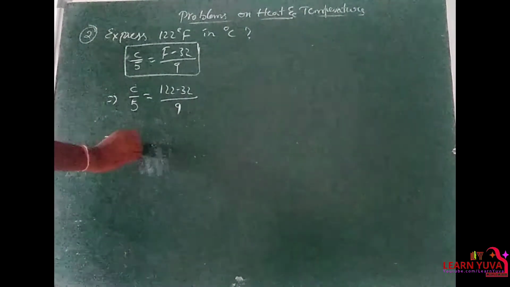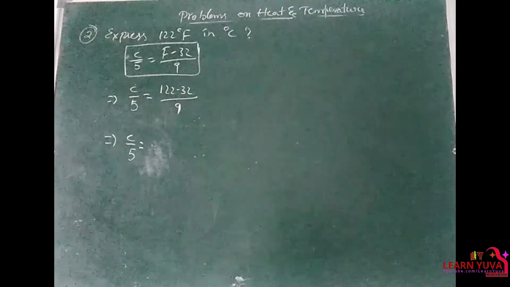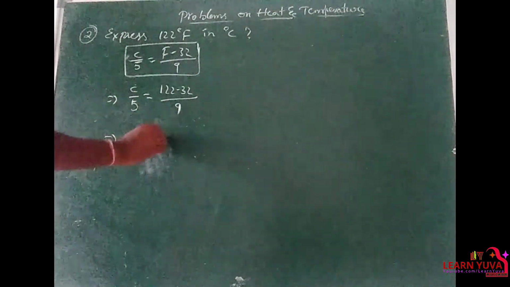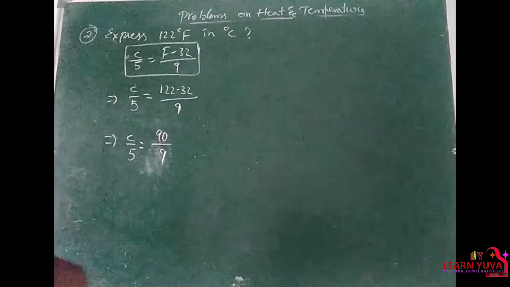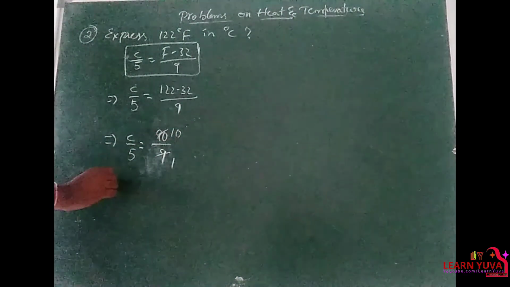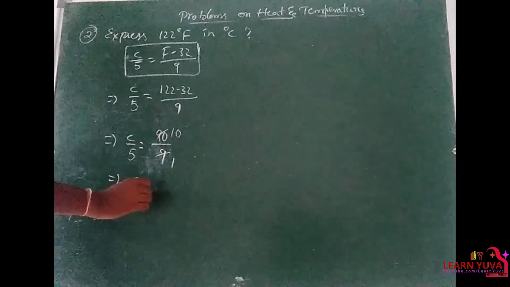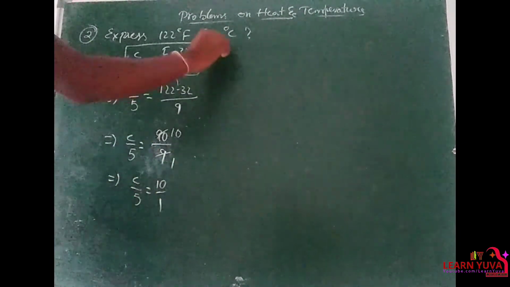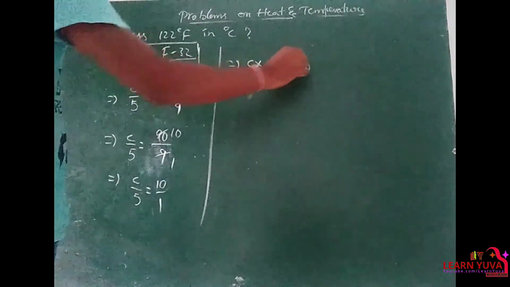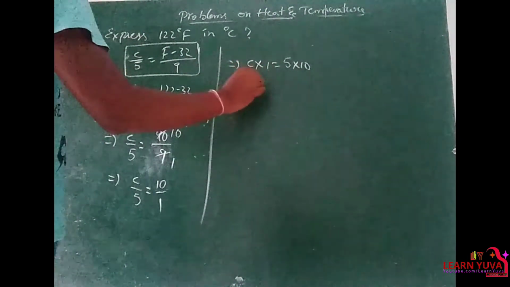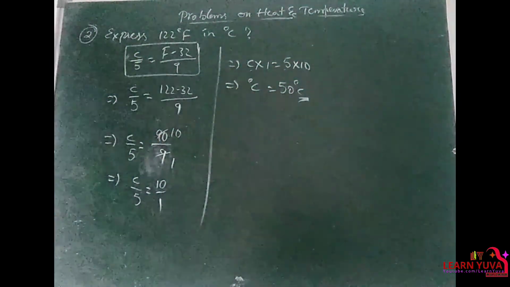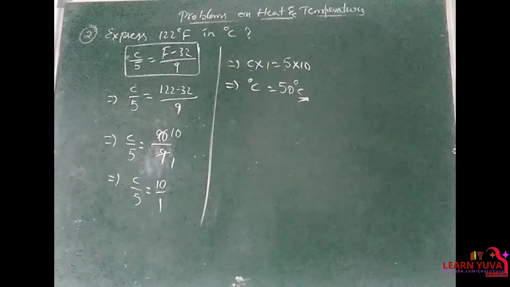That implies C by 5 is equal to 90 by 9, which is 10 by 1. Cross multiplication: C into 1 is equal to 5 into 10. C is equal to 50 degrees Celsius. So the C value is 50 degrees Celsius.